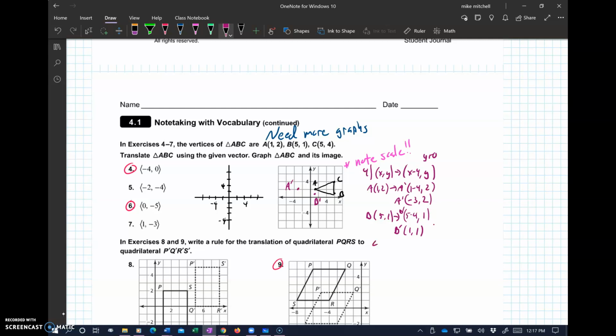And C, I'm running out of room here. I should have started this up higher. That's going to be 5, 4, which goes to C prime, 5 minus 4 and 4. So C prime is 1, 4. I grab that one, I put it right there. That's C prime.